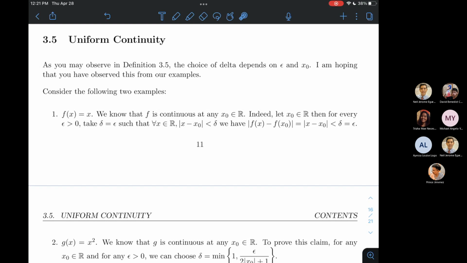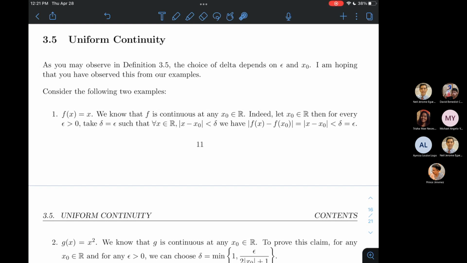Okay? Now, paano natin ie-extend yung konsepto ng pagiging Cauchy sa real valued functions? And I guess the closest analog that we will get would be uniformly continuous functions. Okay? Now, the idea about uniform continuity is kapag magkakalapit na yung mga x values, all right? So kung super lapit na ng mga x values sa isa't isa, yung mga y values din nila ay magiging malapit na rin sa isa't isa.